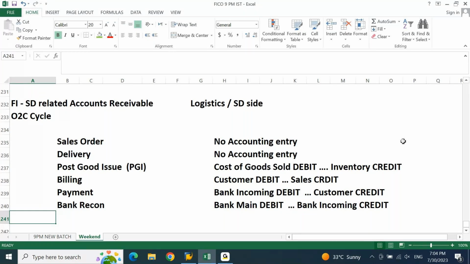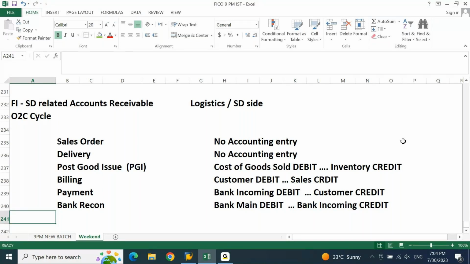In SAP, when you perform the sales order, after the sales order you have to post the delivery. When you post the delivery according to the sales order, you are confirming that goods are issued or delivered to the customer. You are going to deliver goods to the customer only when you pick goods from your warehouse, or from your stock. So when you are picking goods from your stock, you need to stock out your material.